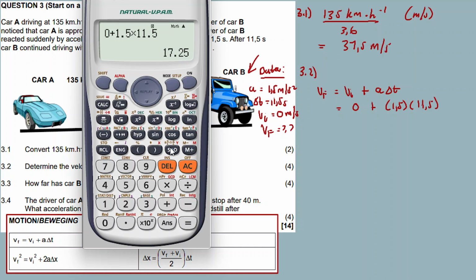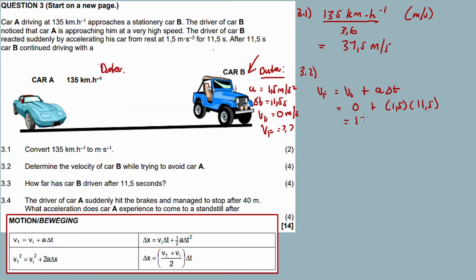So our answer is 0 plus 1.5 times 11.5, which is 17.25 meters per second. So this is the velocity with which car B tries to avoid car A. But we also need to give it direction, because velocity is a vector quantity.